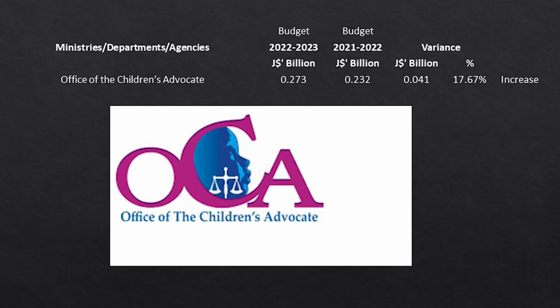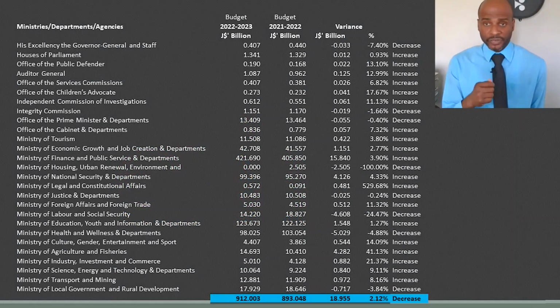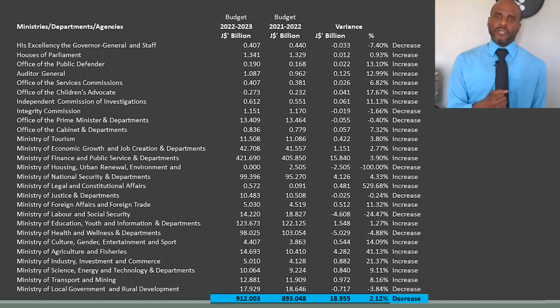So they're receiving 17.67% more. Is that an indication by government that more will be done for children, for the welfare of children in the society? Is that it?